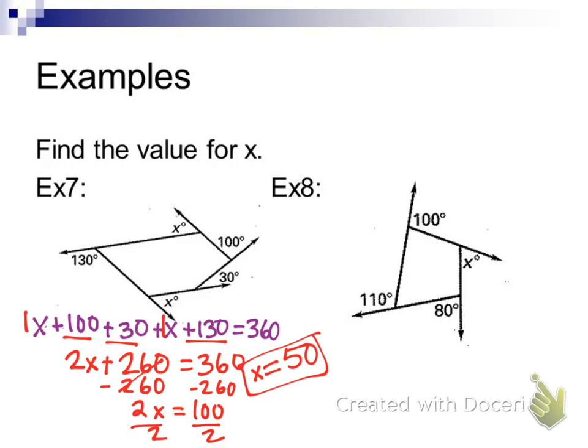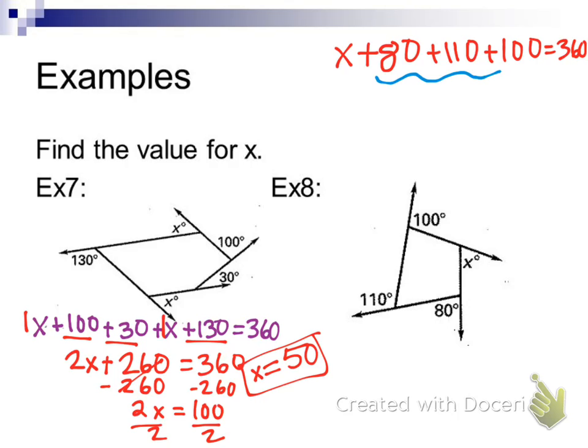Alright, same sort of setup on number 8. So how should I start this one? Yeah, so you just start with the x and then just add the angles. Alright, so we can combine all these like terms.